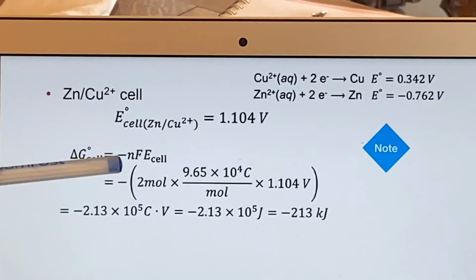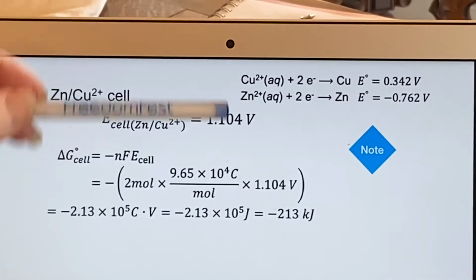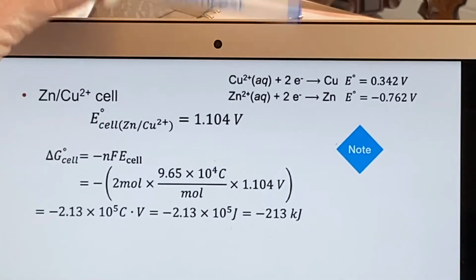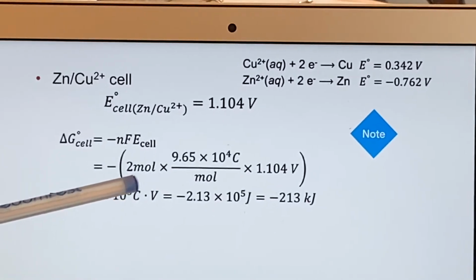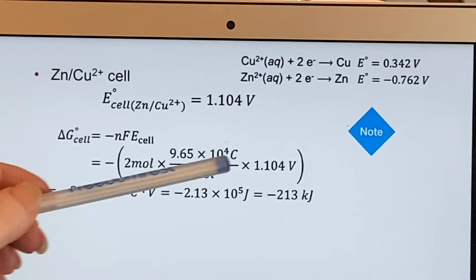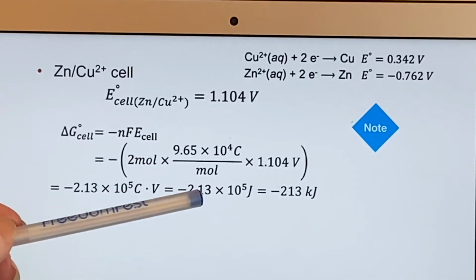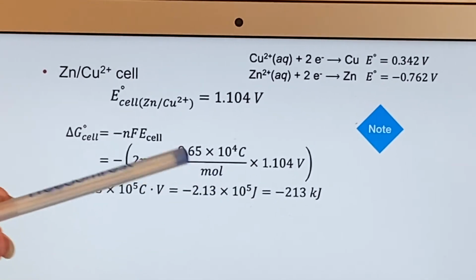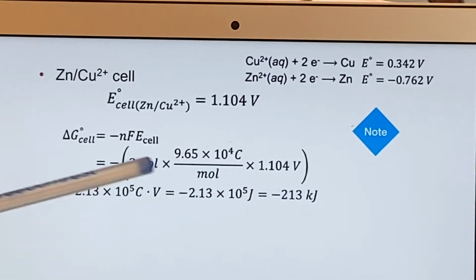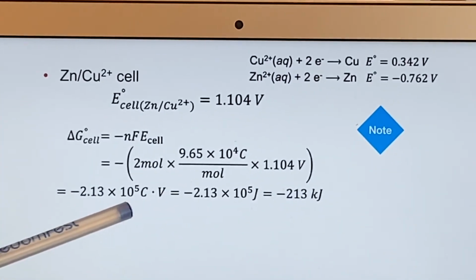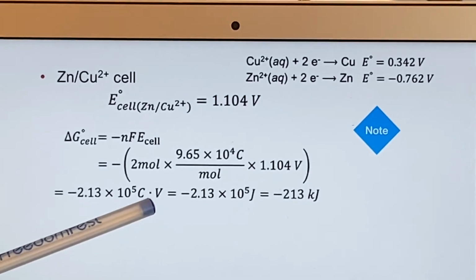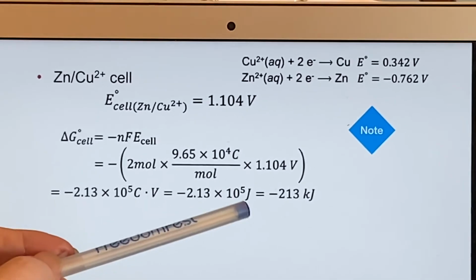All right, well, what is that? n is the number of moles of electrons. So I just look here and say, oh, they're both at 2, so I don't even have to do anything sneaky. I know it's 2 moles of electrons. I use Faraday's number, coulombs per mole. That'll cancel the moles. And when I multiply that all the way through with the voltage, I will end up with this number in coulomb volts, which I now recognize to be the same as joules.